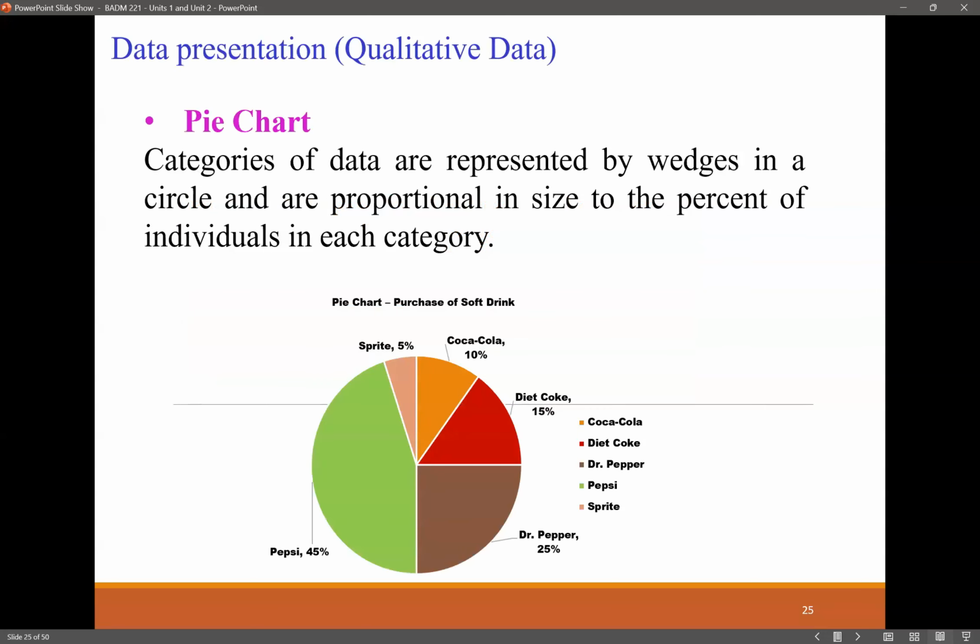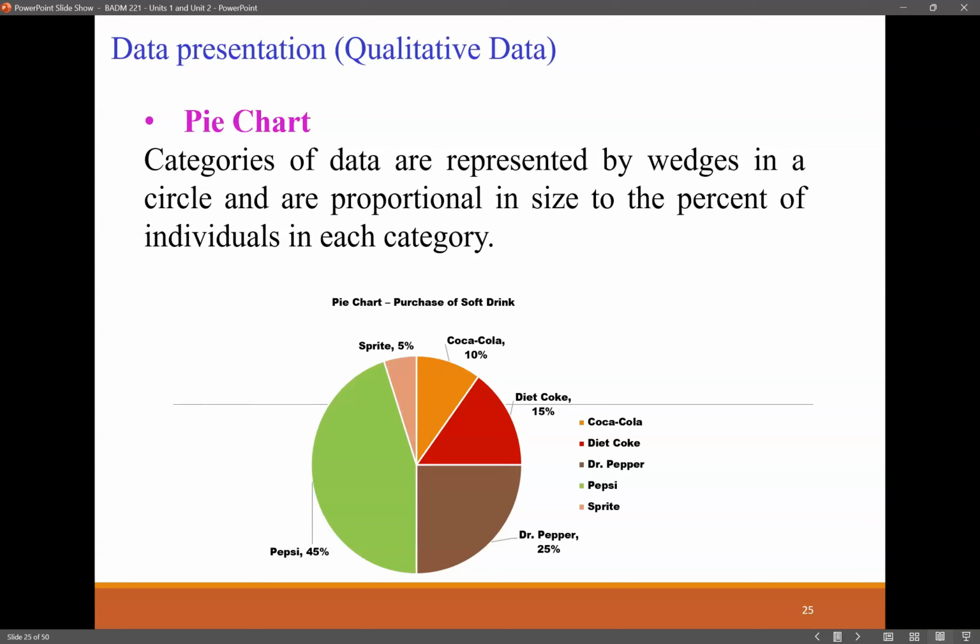Now the second way of representing the data is through graphs and charts. The first one is a pie chart. As you know, it is described as a pie of a circle, so different pies will represent different data.